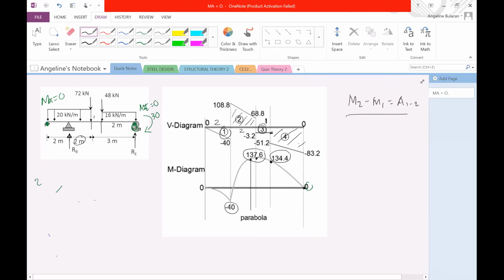So, trapezoid ulit yan. So, plus negative 51.2 plus negative, minus na lang tuloy natin. So, answer minus trapezoid 51.2 plus 83.2 divided by 2 times the distance 2, which gives us 0.